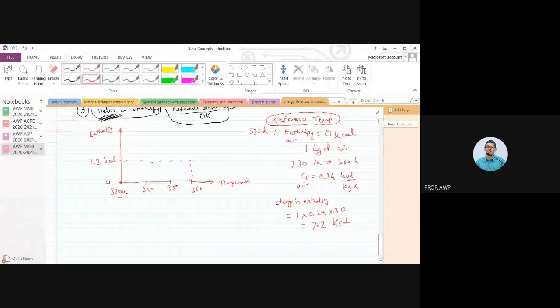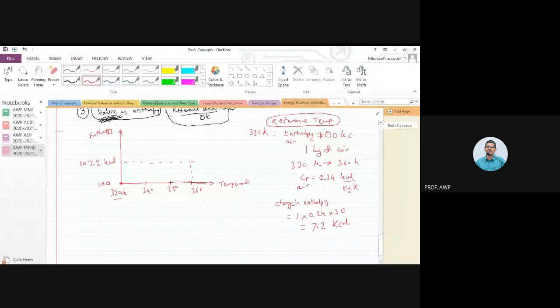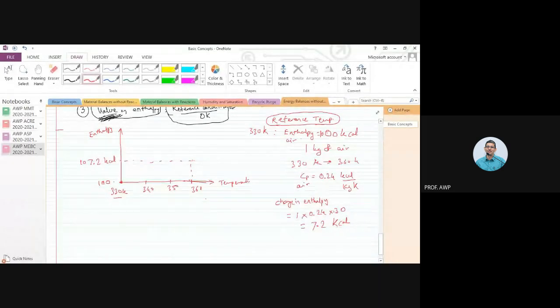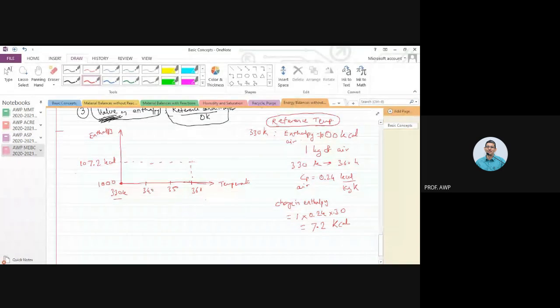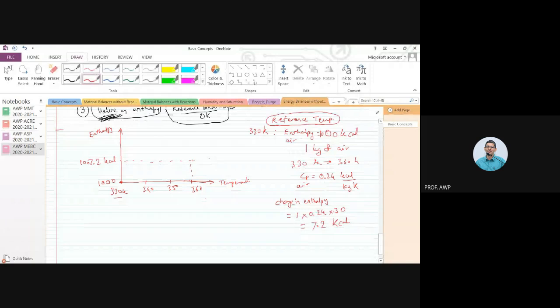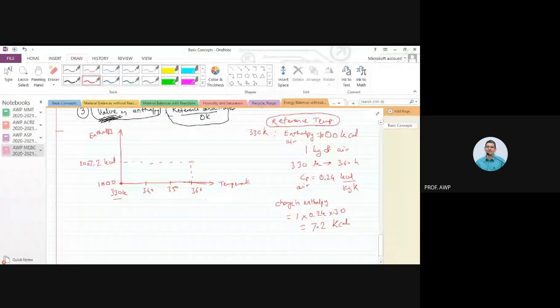But if I say that my reference condition enthalpy is 100 kilocalories, then this would be 100 and this would be 107.2. If I say that at 330 Kelvin my reference condition enthalpy is 1000 kilocalories, then at this condition it would be 1007.2 kilocalories. Do you agree with this?